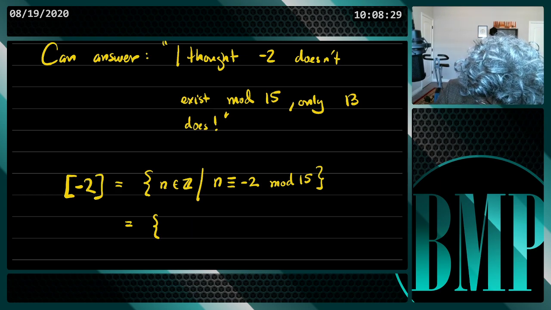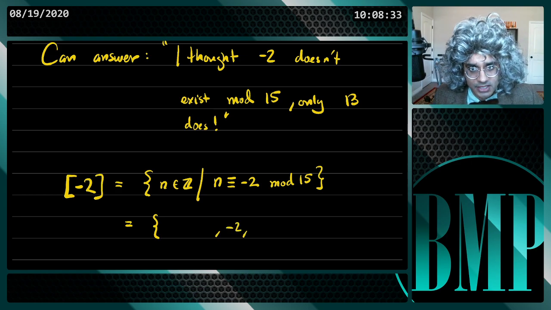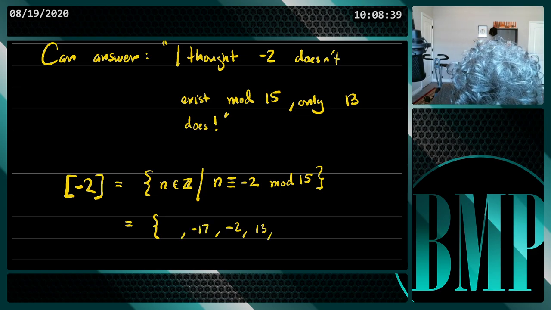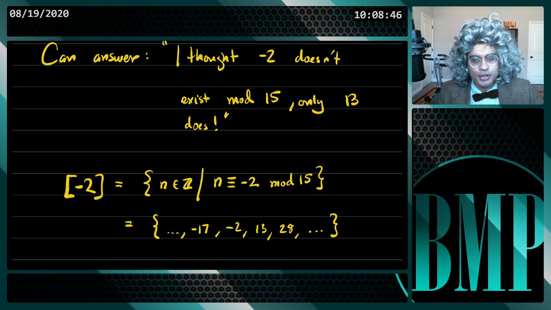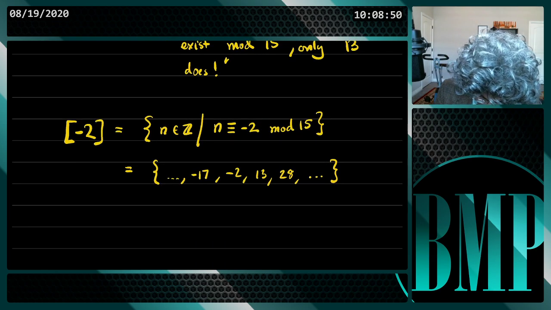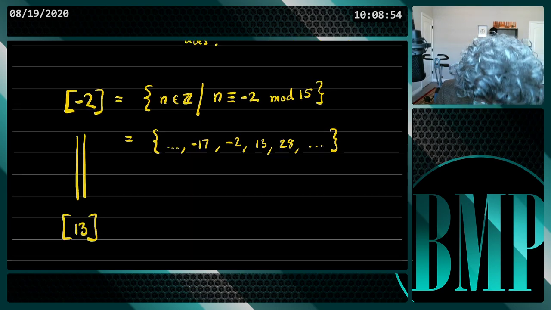So let me write it out for you. It's like -2 is in there. A is always in A's equivalence class. Then there's like -17, I think, and then 13 is in there, and then 28 or something. You know the set. This equivalence class is the same as 13's equivalence class.